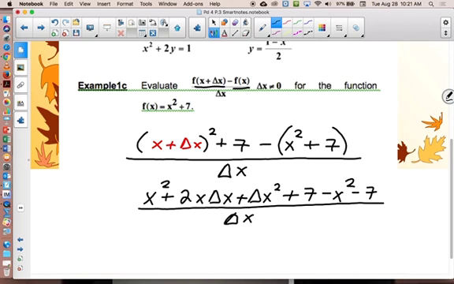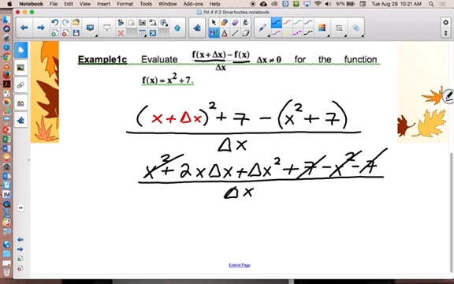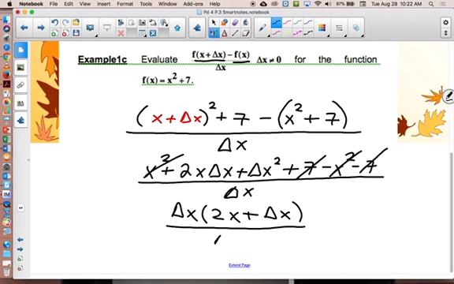If you do it correctly, you should be able to cross out that and that. And then with what's remaining in the numerator, what can we factor out? Good. Delta x. Which the delta x is canceled.